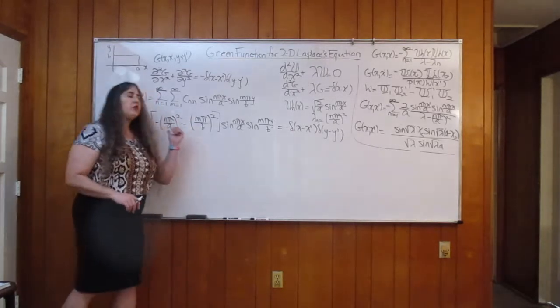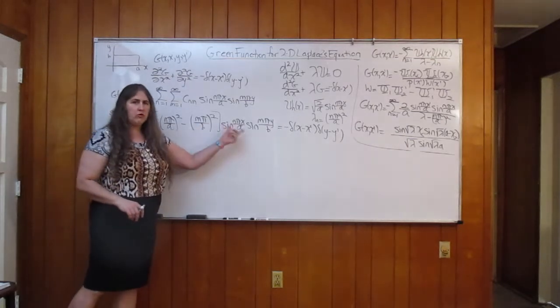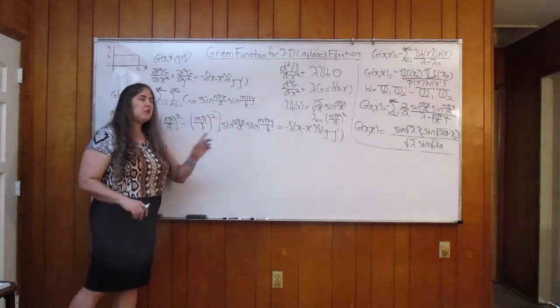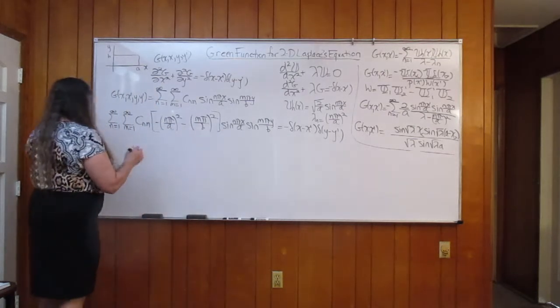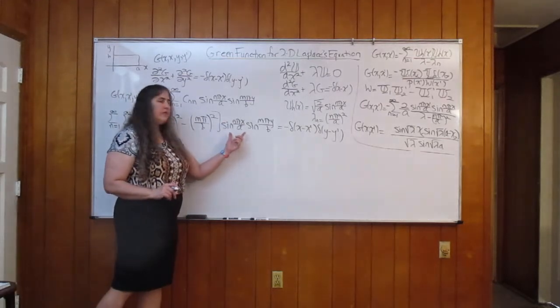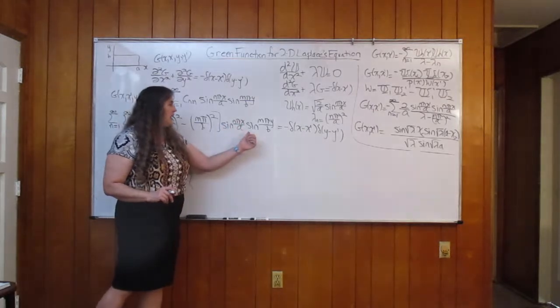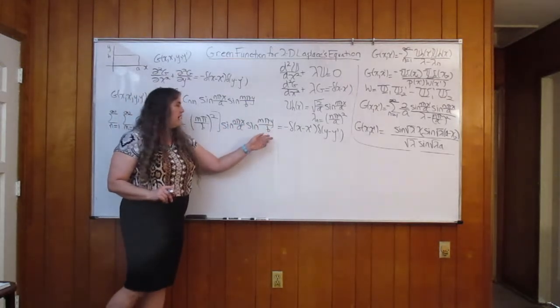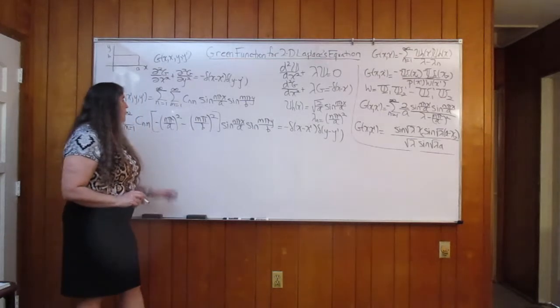In order to extract the coefficient c n m, I'm going to make use of the orthogonality of both of these sine functions. Therefore, I'm going to multiply through by sine n prime pi x over a and sine m prime pi y over b, and then integrate from 0 to a and from 0 to b.